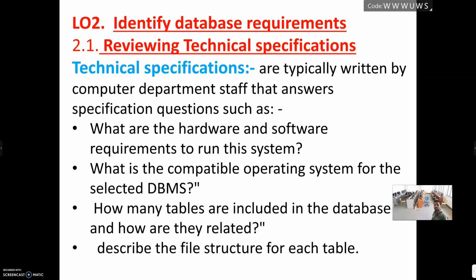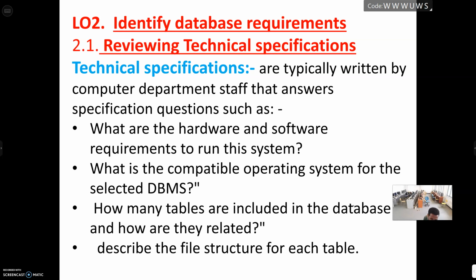Identify database requirements: reviewing technical specifications. Technical specifications are written out only by computer technicians or department staff. The specifications have to answer some questions. The first question is what the hardware and software requirements are to run these systems, meaning which type of computer, hardware, or software systems are compatible and fit the system properly.